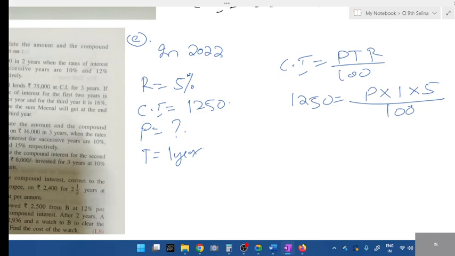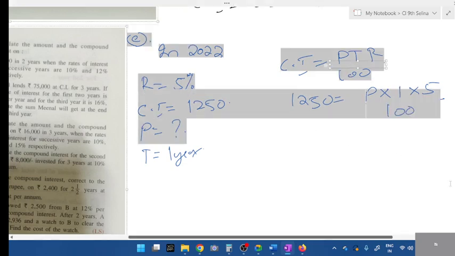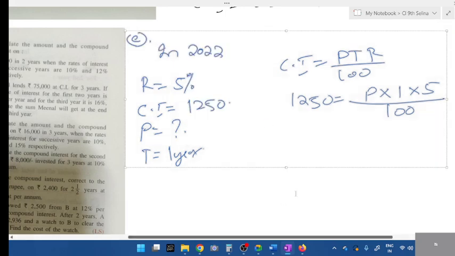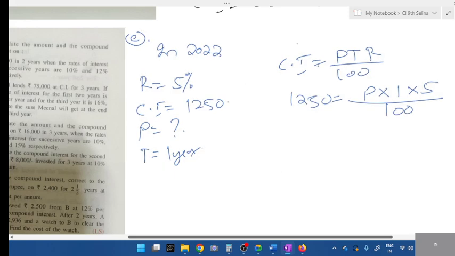Alia completed? Yes, tell me the answer, students. If 100 goes to the other side, what is the P value?